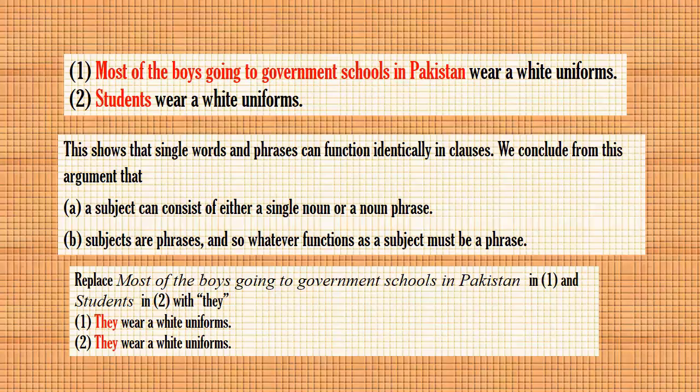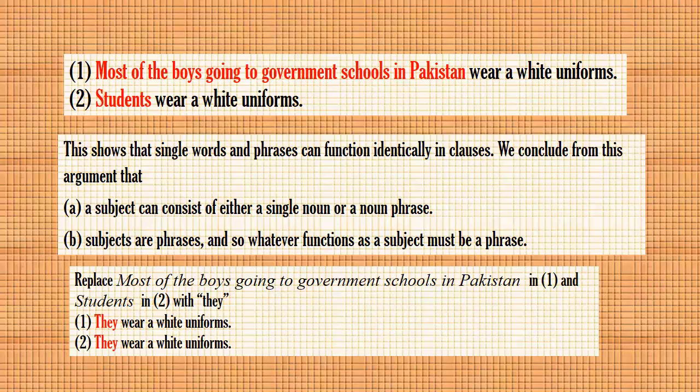Below, we will show how and when words can be phrases. Secondly, single words and phrases may be replaced by identical pronouns. If we replace the subject of both 1 and 2 with they, we get 3 and 4. They wear white uniforms.